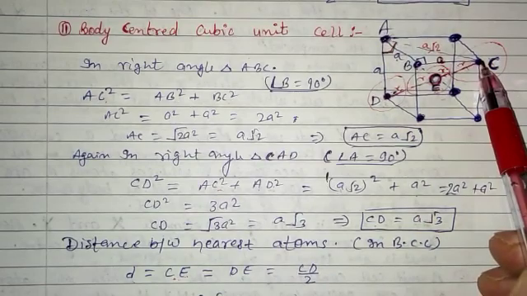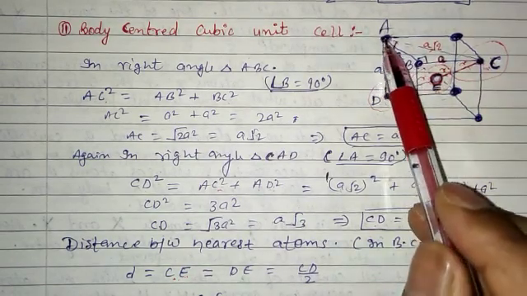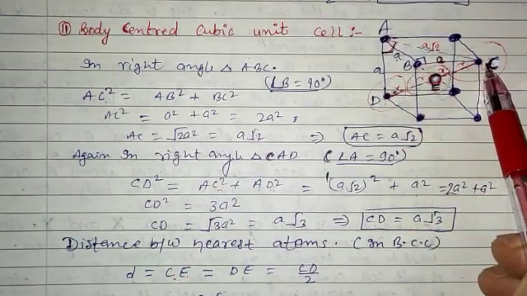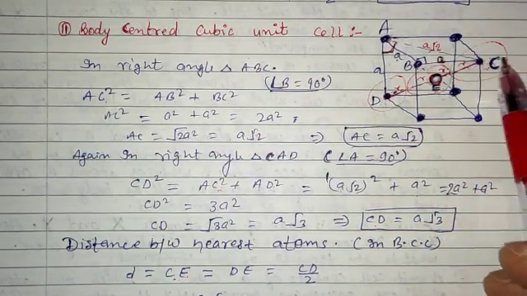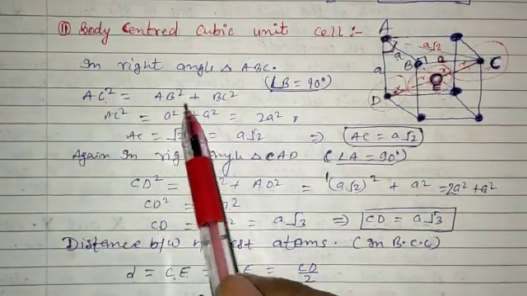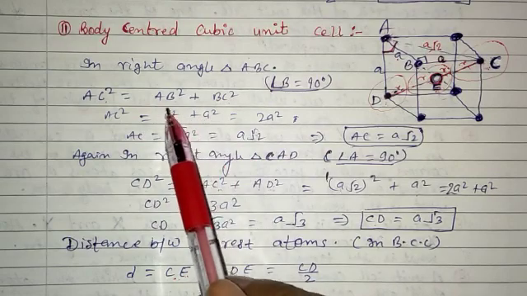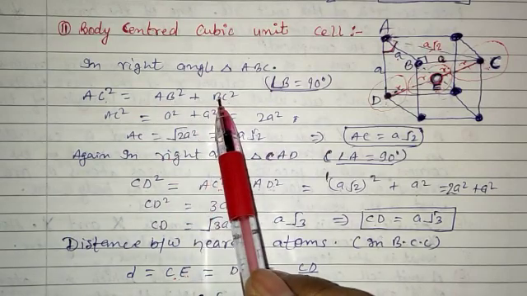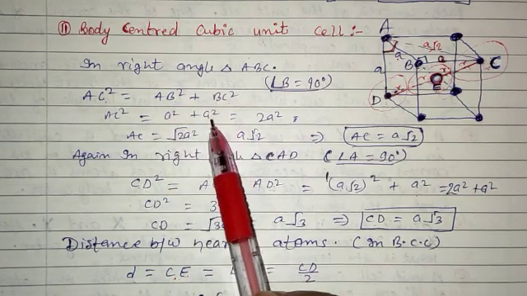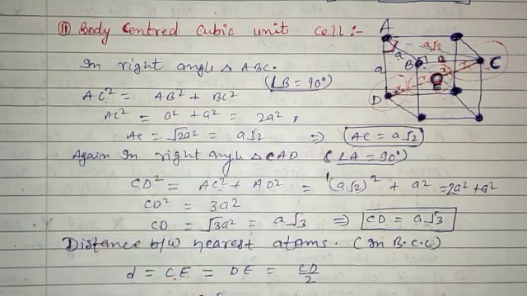So AC square will be equal to sum of AB square plus BC square according to Pythagoras theorem. Dear students, AC square equal to AB square plus BC square. You know AB and BC are edge length. So AB square equal a square and BC square equal a square.